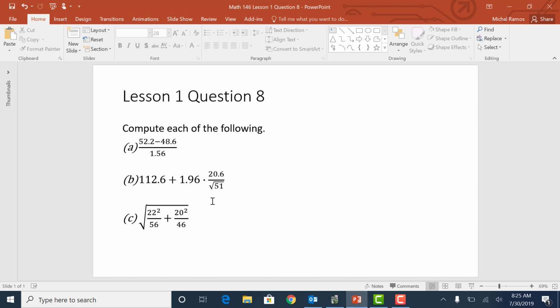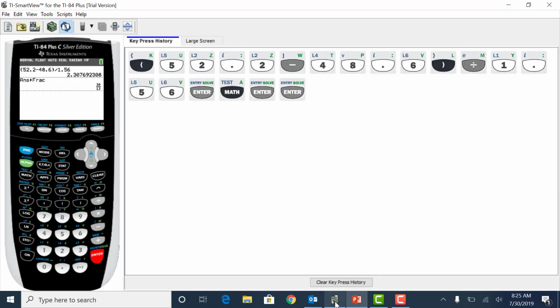Okay, we're going to go to part B now, which is this expression. We have a number being added to a number times a fraction. So again, we want to make sure that we type this into the calculator correctly so that all of the order of operations are done in the right order.